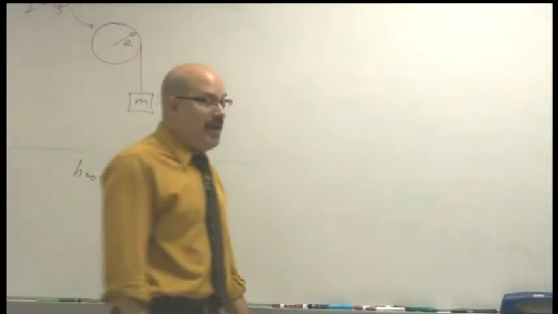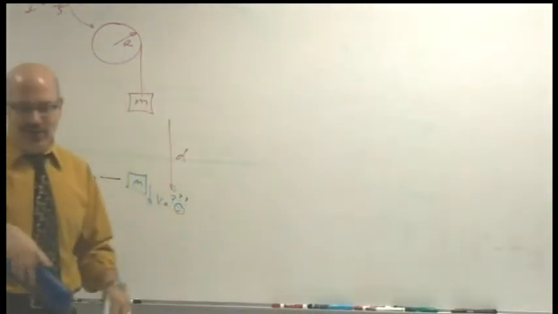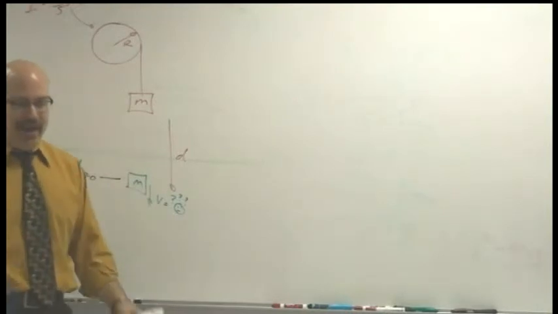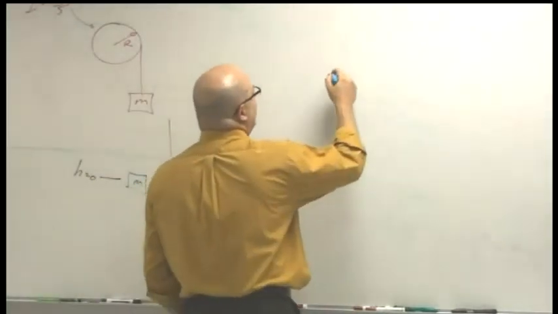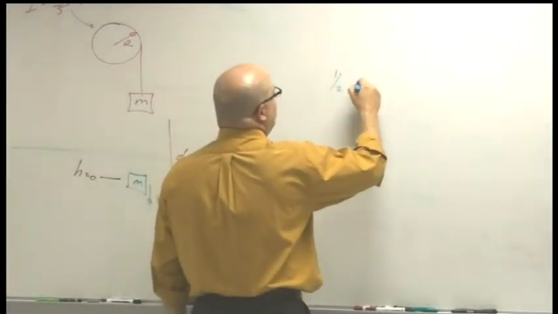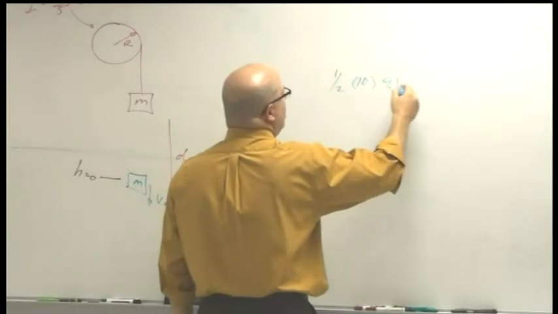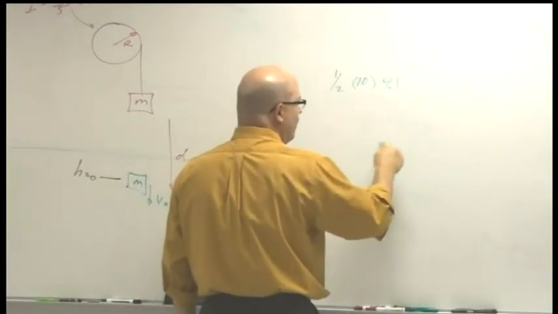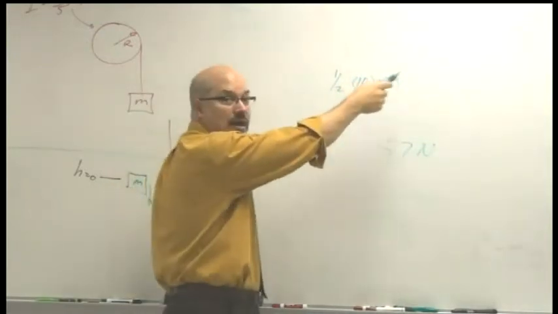I have students in Physics B doing that right now. They're punching it all in on the calculator to put an answer down, and there's like a couple of numbers. You'll see something like 1/2, and then you'll see 10, and then you'll see 9.8, and then all of a sudden down here you'll see 57 newtons, and this is much more scratched out than that.